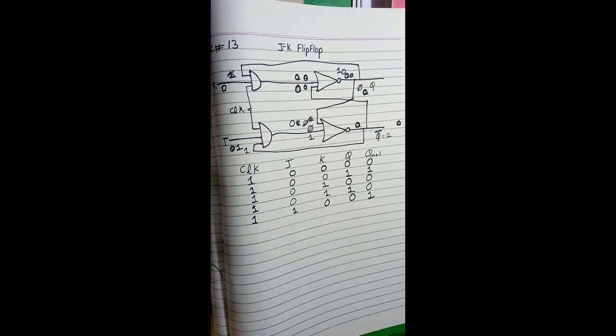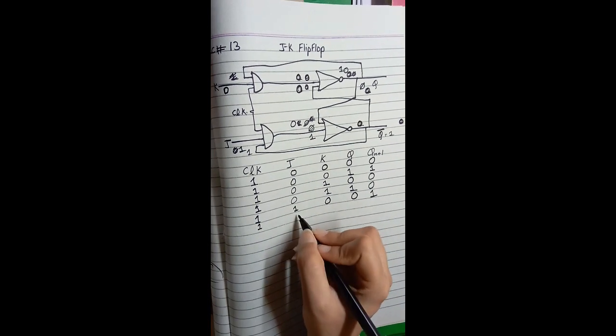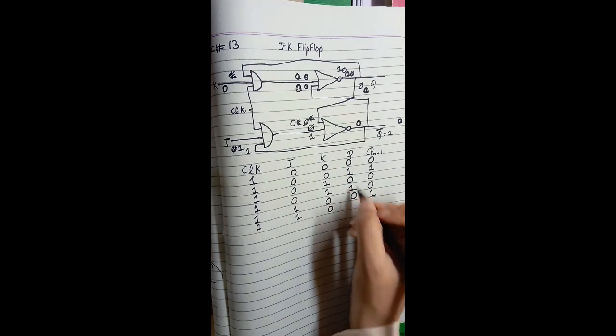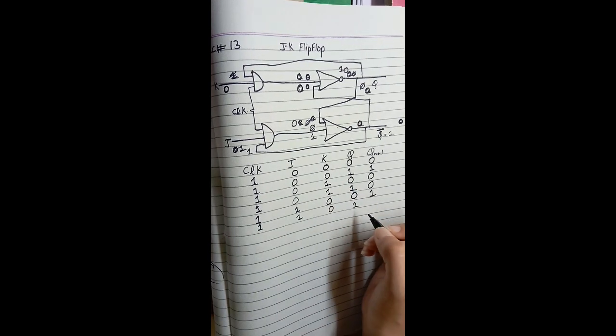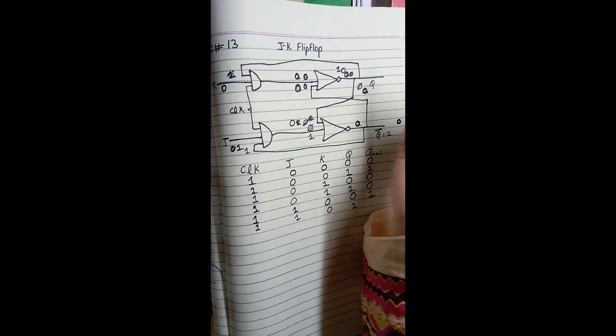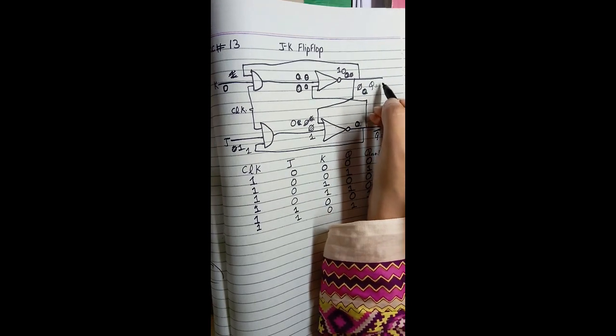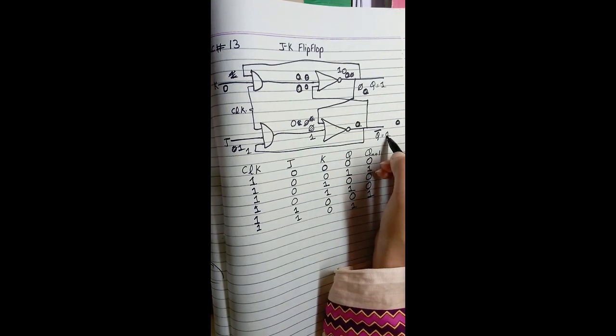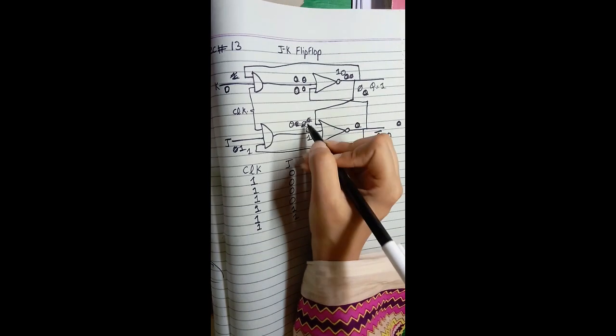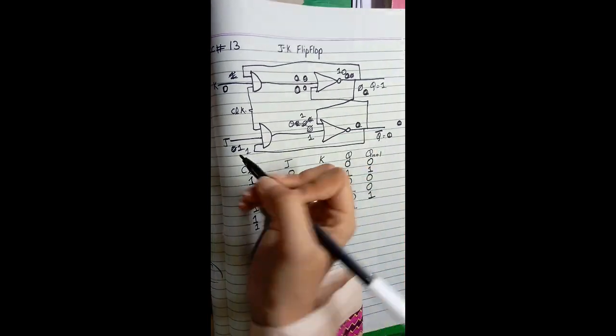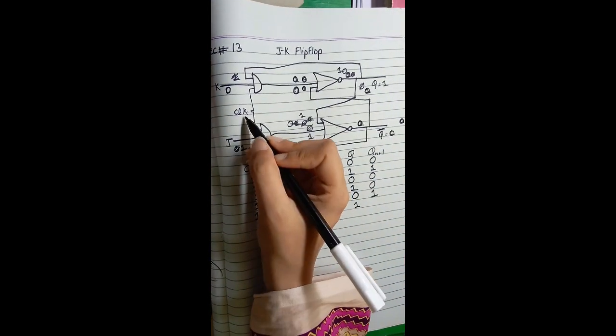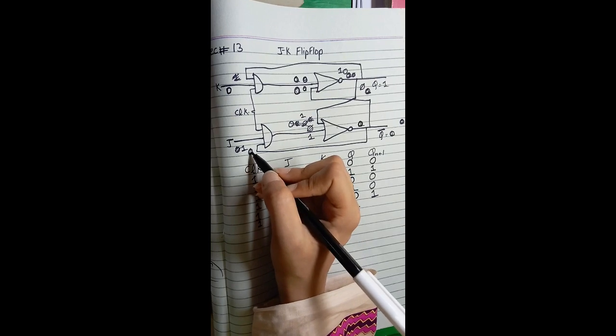Now we will take these values again. 1, 0, but this time we will take Q equal to 1. So whenever our Q is equal to 1, it means our Q bar is equal to 0. Here we have 1, 1 and this Q bar equal to 0.